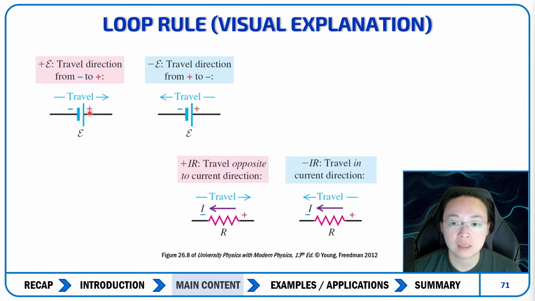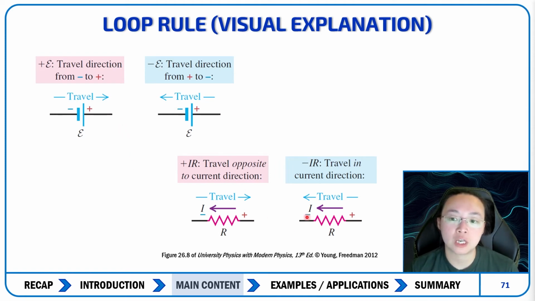When you're looking at the battery itself, the source of EMF has charge going from the negative to the positive terminal. If you have negative epsilon, it means that the travel direction is going from the positive to the negative terminal.